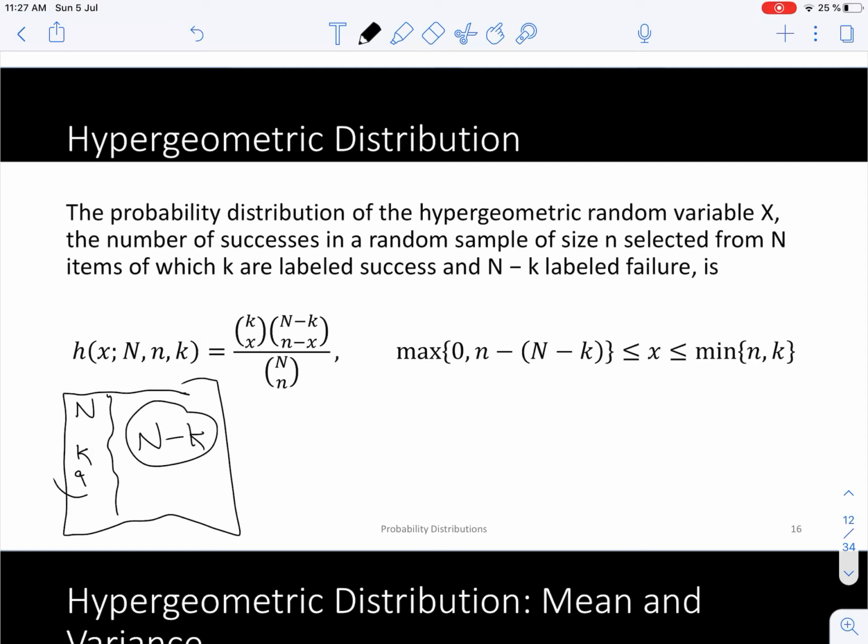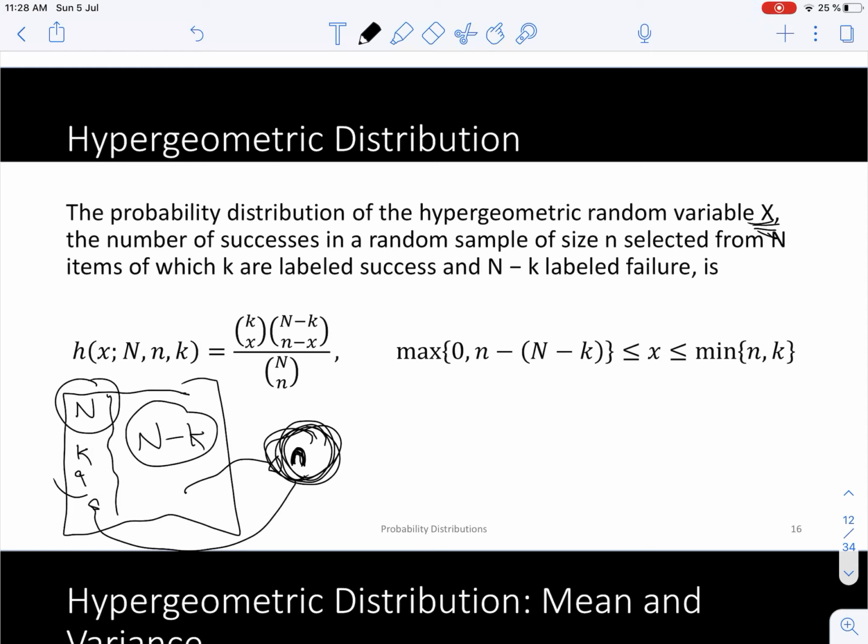So in the hypergeometric, as I said, we have a batch size, but then we pick a sample and we use lowercase n to represent the sample that is selected. And x refers to the number of successes in the random sample. So how many objects labeled as k are in the sample.